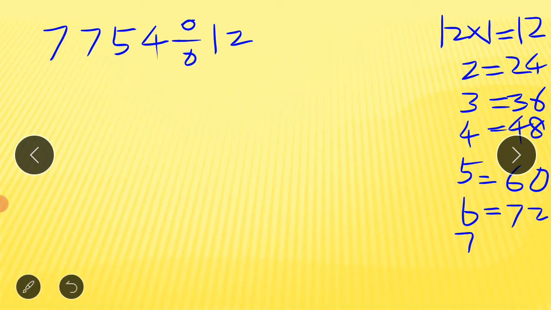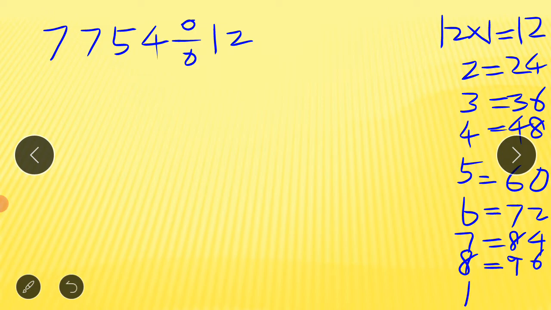So now 7 times. 7 twos are 14. Carry over 1. 7 ones are 7 plus 1, 8. 84. And 8 times. 8 twos are 16. Carry over 1. Then 8 ones are 8. 8 plus 1, 9.